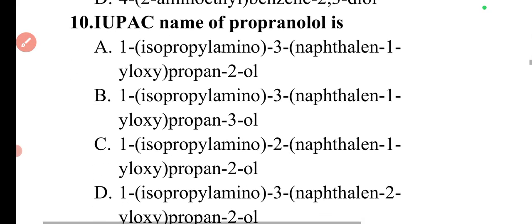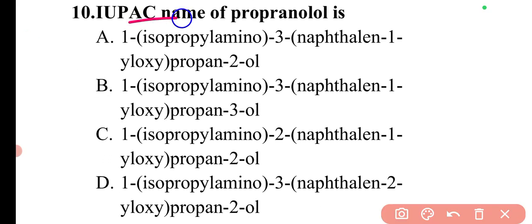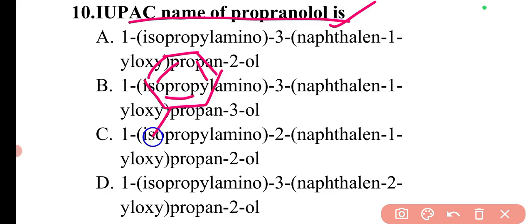The next question is: the IUPAC name of propranolol is. What is the IUPAC name of propranolol? For this also we can check the structure once. Here we will have a simple benzene ring fused with another benzene ring. You can orient this structure in different ways also.